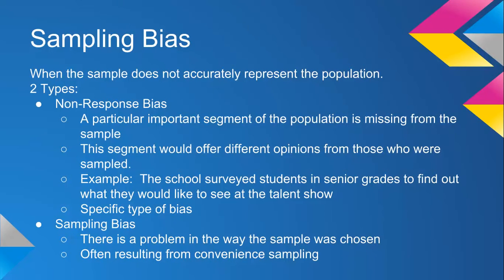Sampling bias also often results from convenient sampling. The reason why we go to Walmart is because it's convenient. Like we can get a lot of the people there. But if we invest a little bit more time and money into it, we can maybe reduce some of that bias.